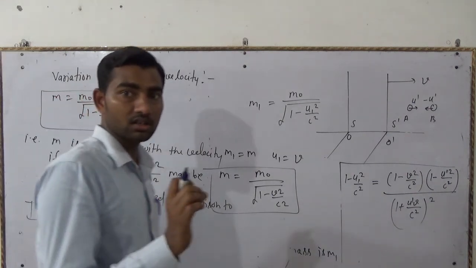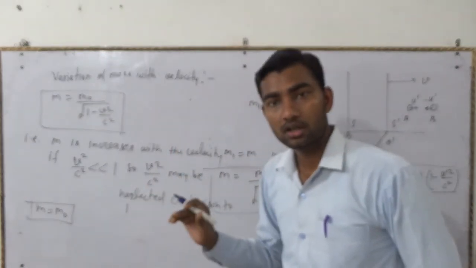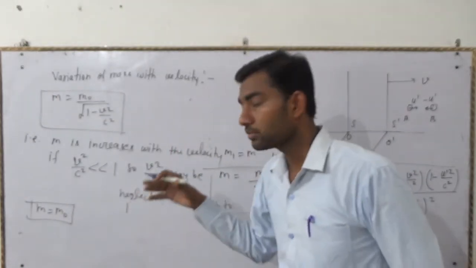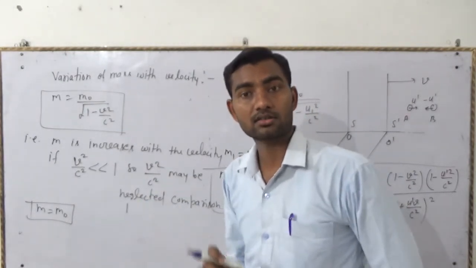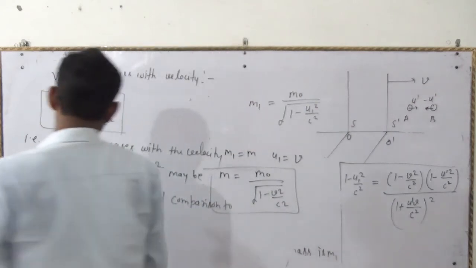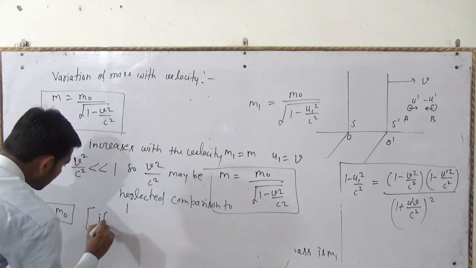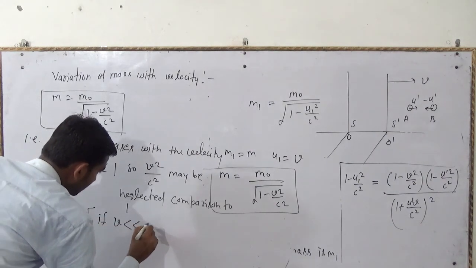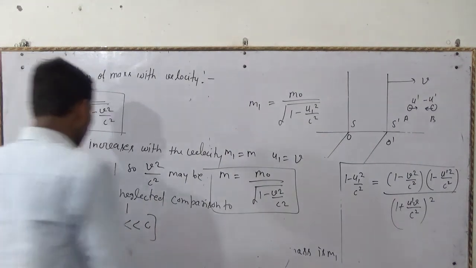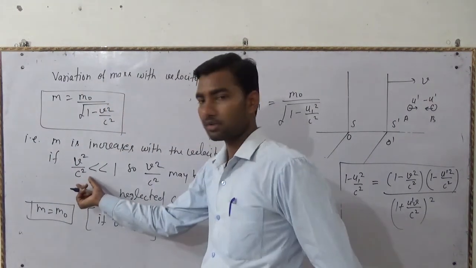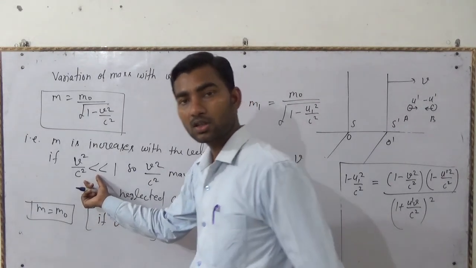In this situation, the mass will be m naught. Here we want to say that its mass will be equal to the rest mass if v is very much less than c. This condition and this condition are the same.